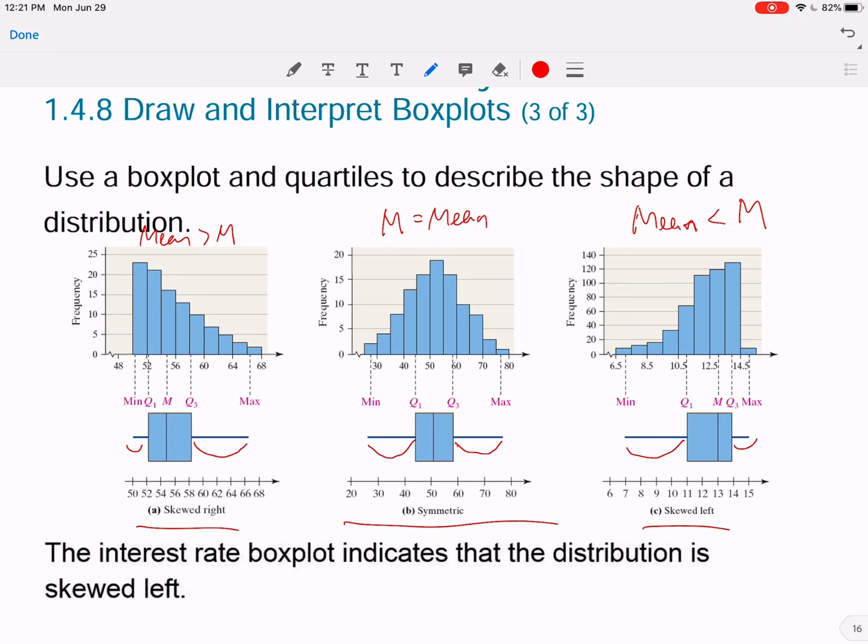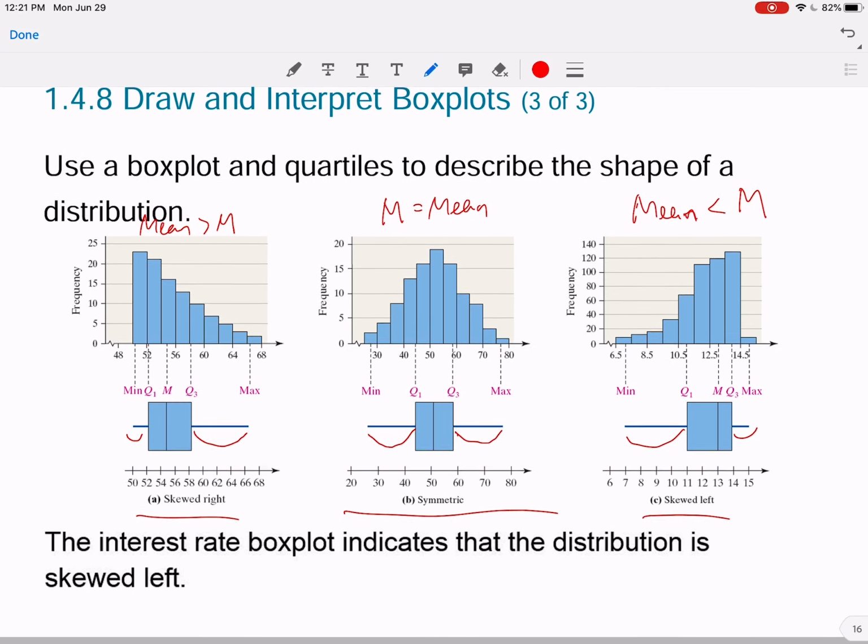So once the left whisker is longer than the right whisker, the distribution is skewed left. That's pretty much all about using the box plot and the quartiles to describe the shape of the distribution. All right, I think that's pretty much all for this video.